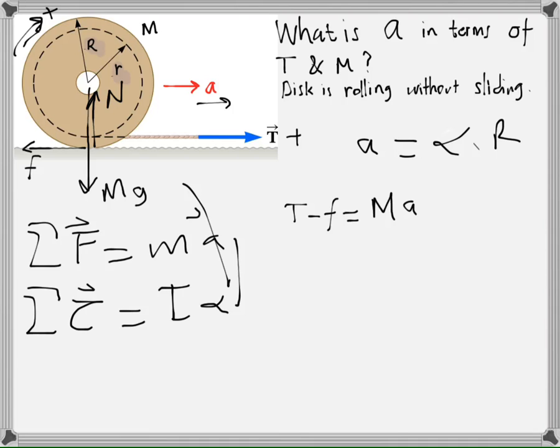Because A and alpha are in the same direction, right? If A is to the right, then alpha must be rotating the spool in clockwise direction. I have to take this as plus, because A is plus.